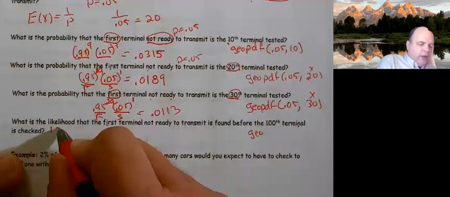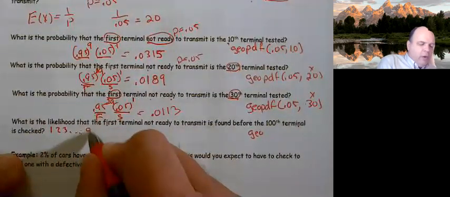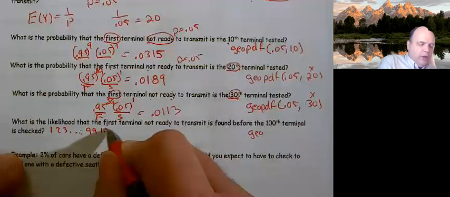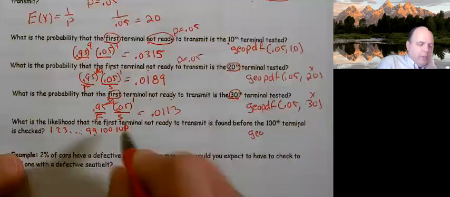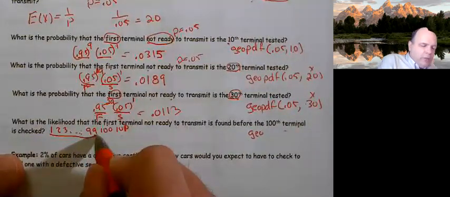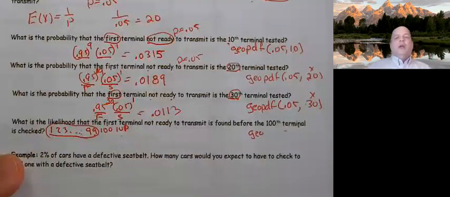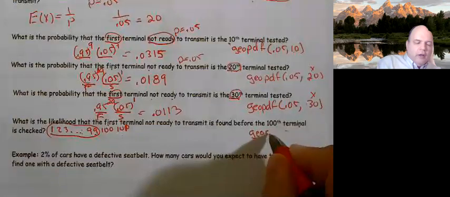It could be the first one, second one, third one, all the way up to, and I always go one above, one below, and one above. So they say 100, 101. That's one below, that's one above. They said before the 100. Notice I'm circling multiple values. Because I'm circling multiple values, this means this is a CDF.